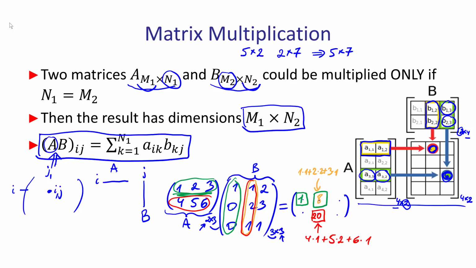Similarly, you get all of the other elements, and they will be 1, 8, 11, 4, 20, and 29. To summarize, each ij element in the resultant matrix is a dot product of row i of A and column j of B.